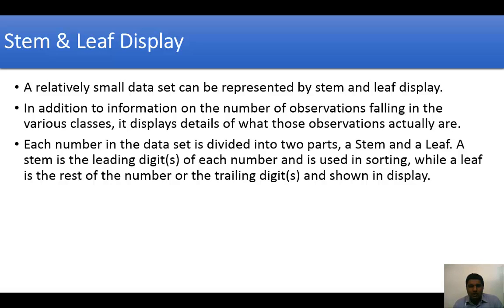Frequency distribution and histogram will only give us information about the number of values falling in a certain class, whereas the stem and leaf display will give one additional piece of information. It will also tell us what that value is. So we'll see it shortly.